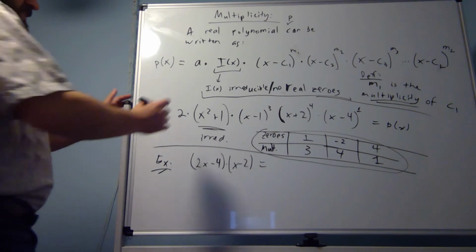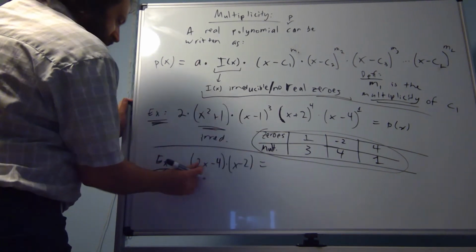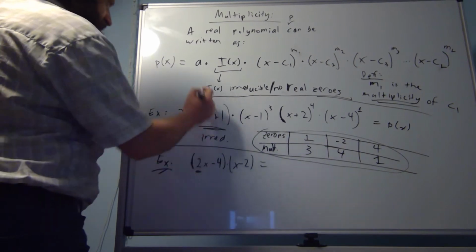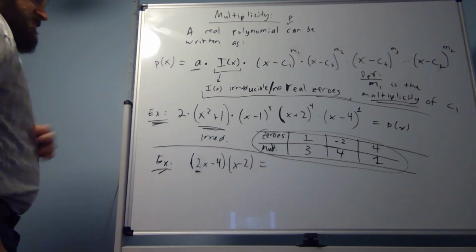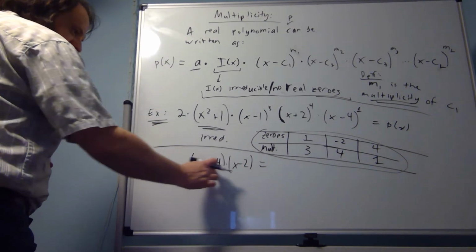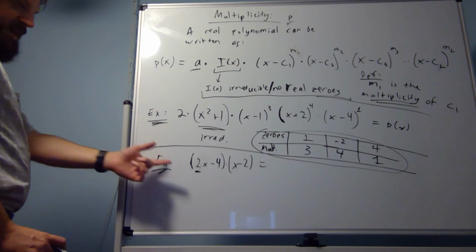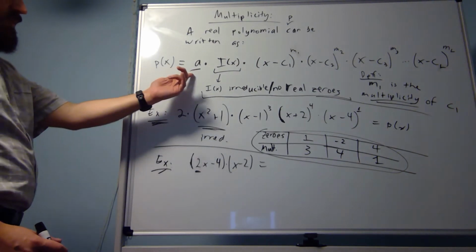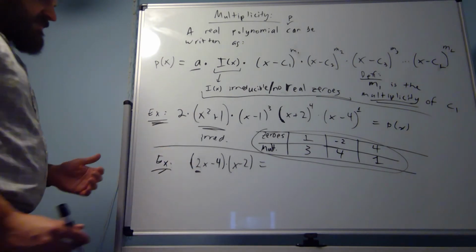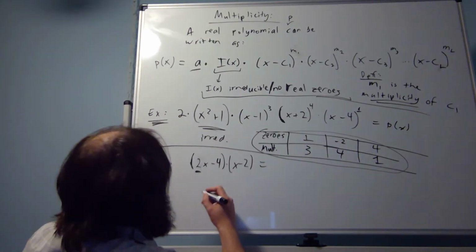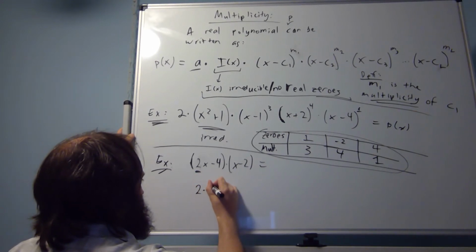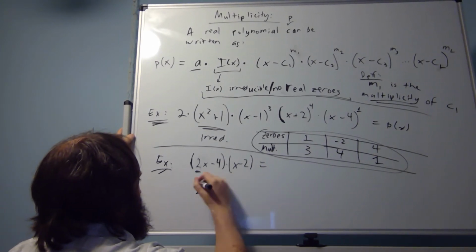All right, this next one is tricky because for the purpose of computing multiplicities, these 2 things actually have the same zero. You plug in x equals 2, you plug in x equals 2. So it's actually the same thing twice. The way I like to think of it is, I like to standardize it: if I have a leftover constant here, I should factor that out. This 2x minus 4 is actually twice x minus 2.